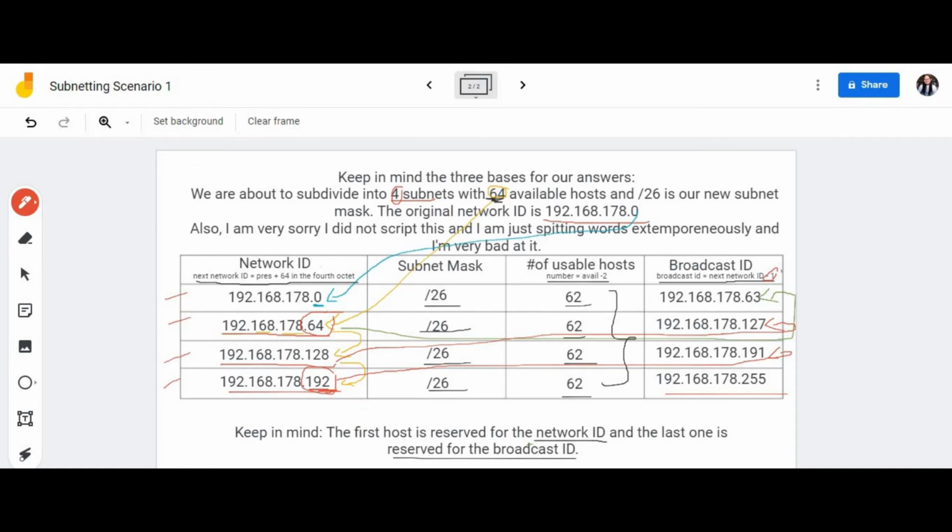If we add 64 to it, we will get 256. So 256 is the next network ID. So basically, we'll just have to minus 1 from it, and then we will get 192.168.178.255. Then you have all the answers that will satisfy our problem for scenario 1.